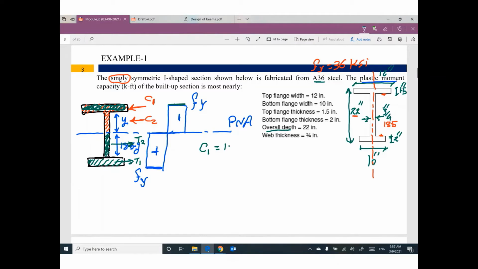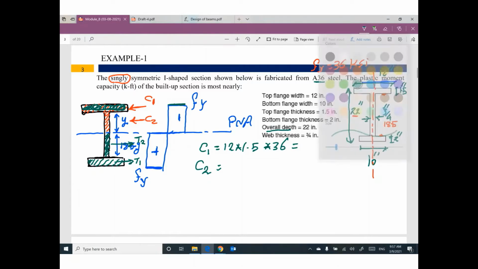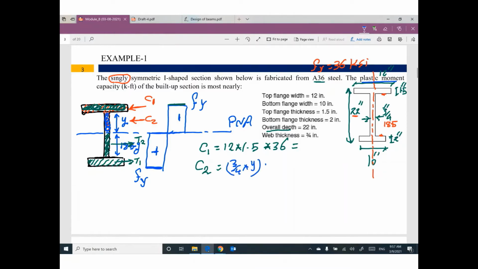So we have 12 times 1.5 times 36. C2 is the area of this web, which is 3/4 times y, times the stress F yield 36.